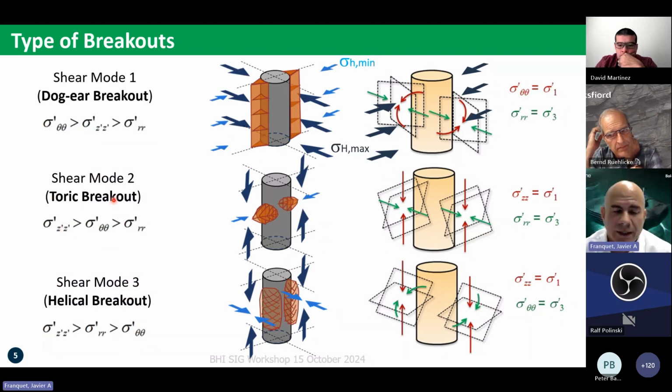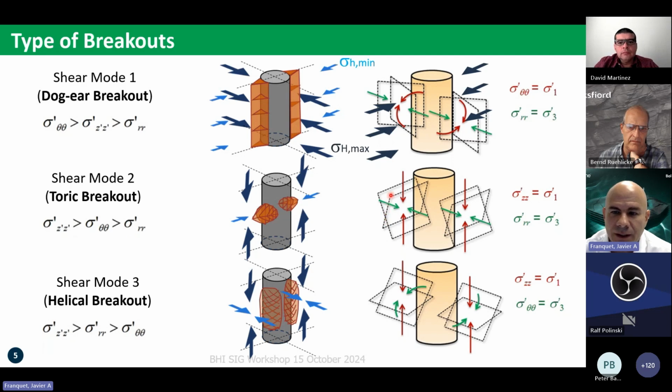Now for the toric, the hoop stress is the intermediate principal stress, and the maximum is along the vertical or wellbore axis, and the radial direction is the minimum. Then the shear is in this plane, and that's why the triangle is now looking like it is getting into the well like this.